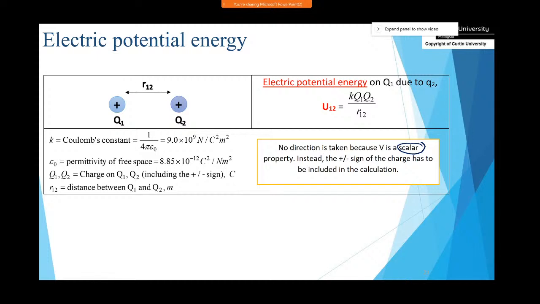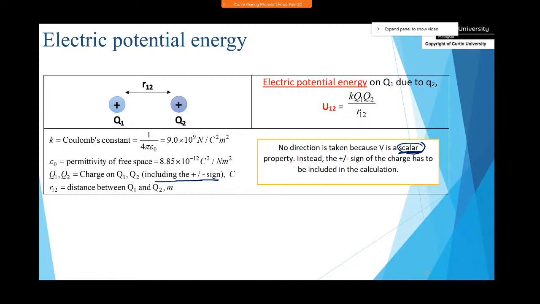If you see the question is about potential energy, then you have to thank me. It's a scalar question, so it means you don't have to look at the direction, but instead you have to include the positive and negative sign.